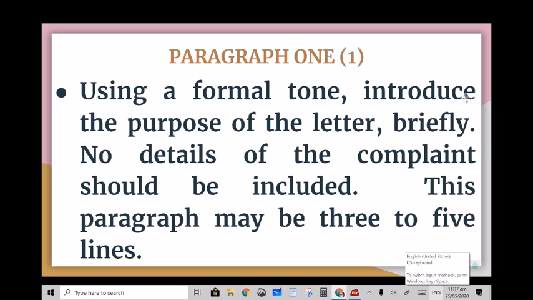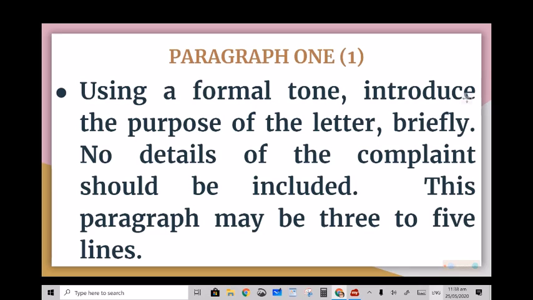So paragraph 1, using a formal tone. The use of a formal tone is very important because you are writing a formal letter of complaint. You are not writing a letter to a friend or anybody that you assume to know or to be friendly with. You are writing a letter that concerns a situation which is of importance to yourself or your community.